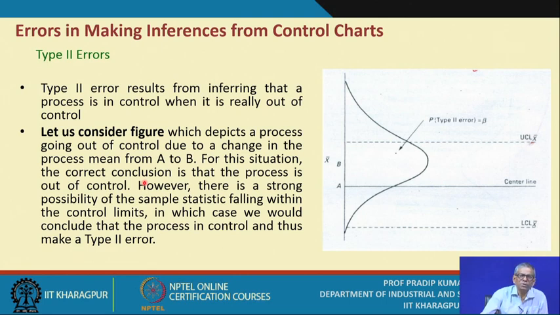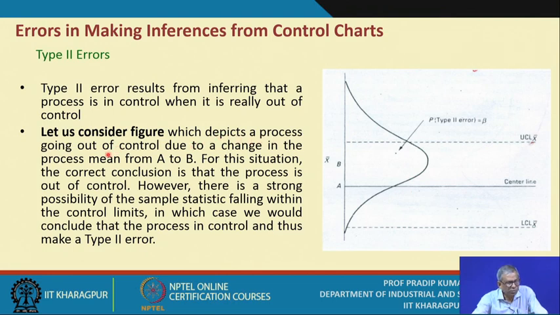So obviously, you are unaware of assignable causes impacting the performance of the process, and at any point in time the process may stop functioning. So the type 2 error results from inferring that the process is in control when it is really out of control. Let us look at this particular figure.